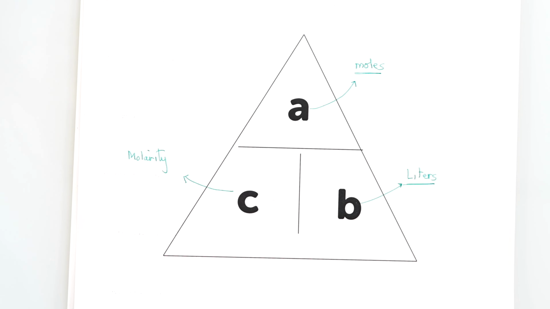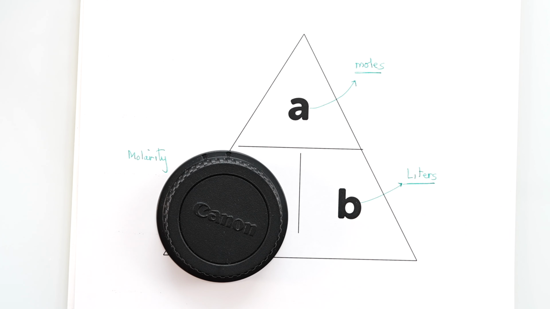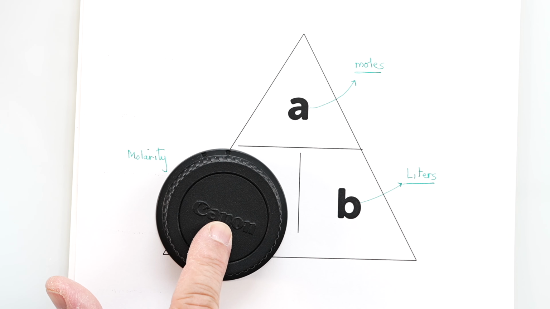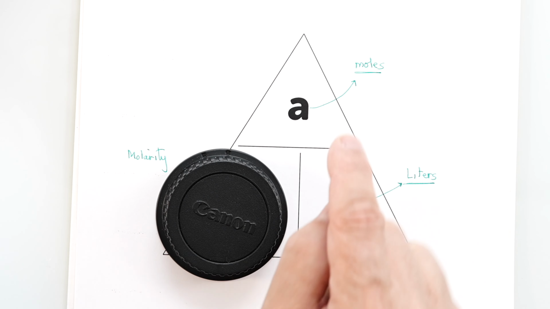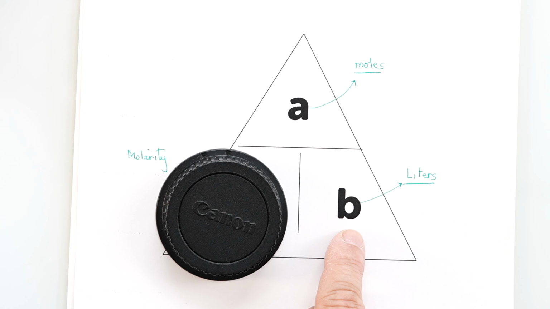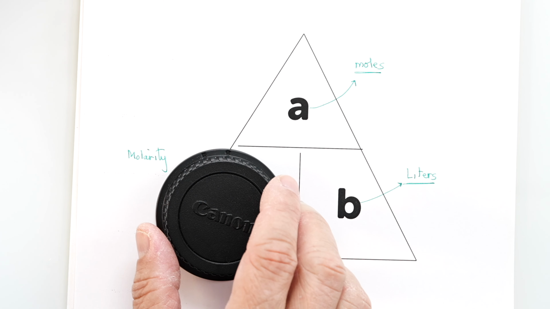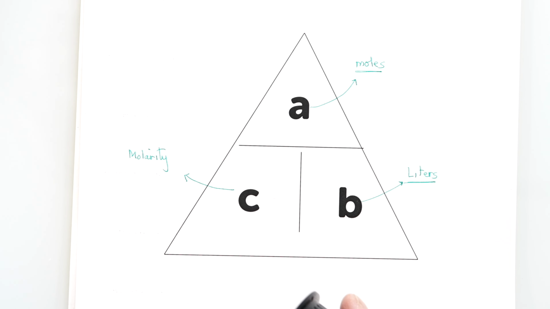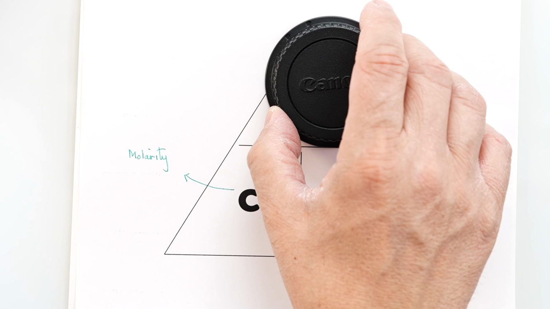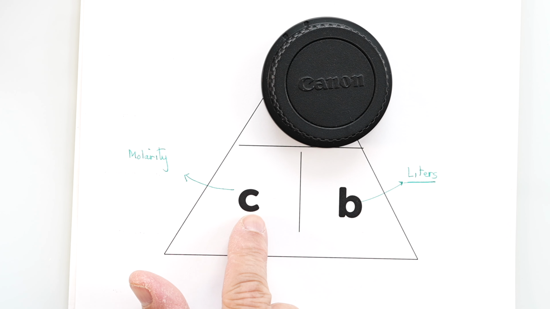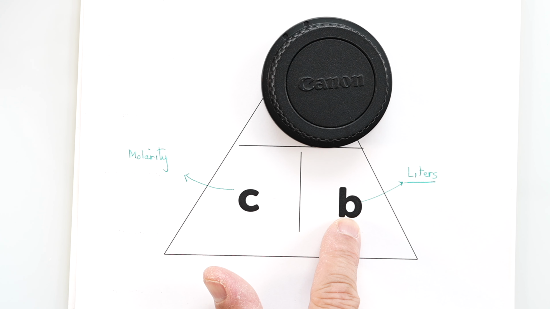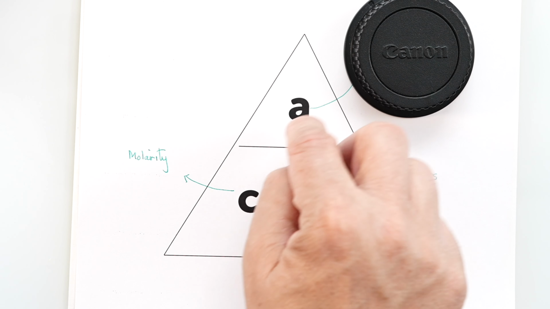So I'm going to use my little trusty lens cap. Let's say you're trying to solve for molarity. You're going to cover what you want. Once you cover that, you take the moles and divide it by the liters, and that will give you molarity. If you're interested in finding out the moles, you cover up moles. C multiplied by B will give you the number of moles.